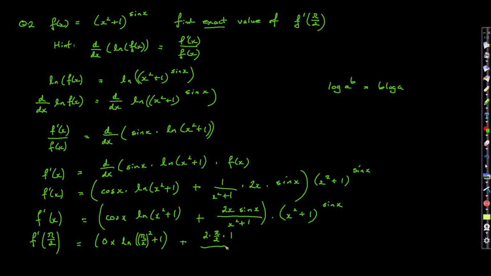And we're going to end up with pi over 2 all squared plus 1. So all of that times pi over 2 squared plus 1. And the sine of pi over 2 is 1, so it's just times this. I'll put that over 1.